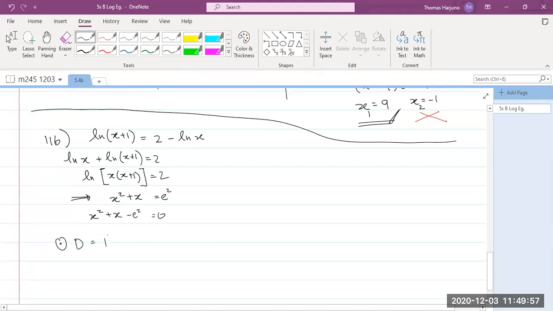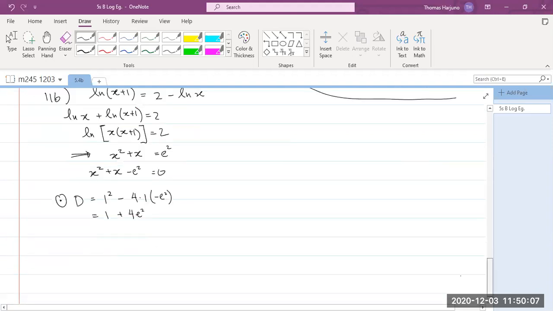That's b squared minus 4ac, right? And then x1,2 will be negative b plus minus square root of the discriminant over 2a.